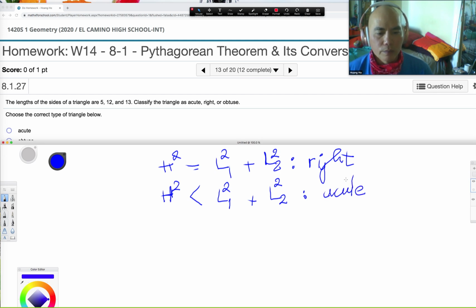Okay, acute. And the last one over here, if you have what's supposed to be the hypotenuse, but when you square it, it's bigger than the other two sides of the triangle, then when it's bigger, it will be obtuse. Obtuse.